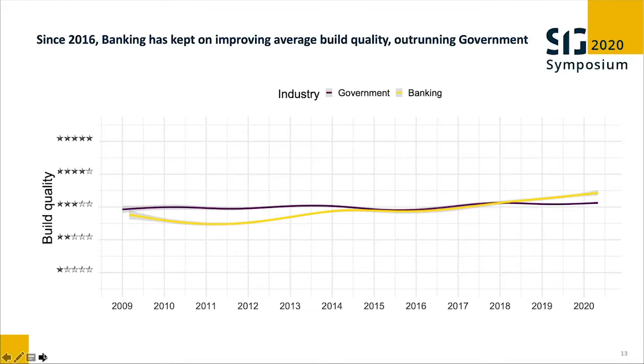There has been a period from about 2016 where banking started making large investments in modernizing their portfolios and also changing the way they develop new software, which has led to an increase in software quality in their sector. So this is saying it can be done, but it requires the investments and also other measures to make it happen.